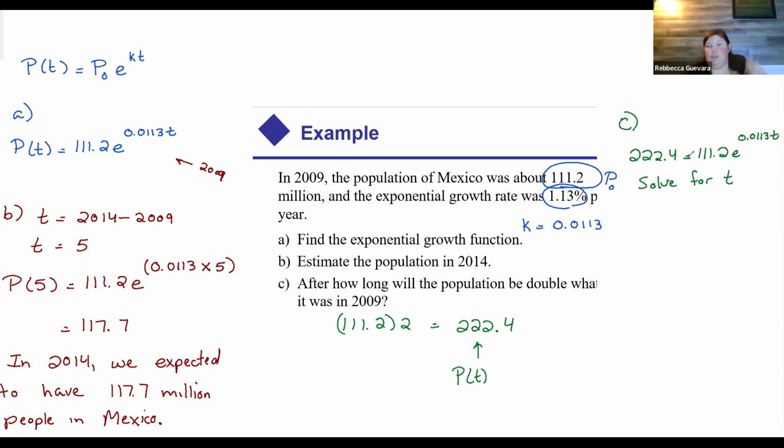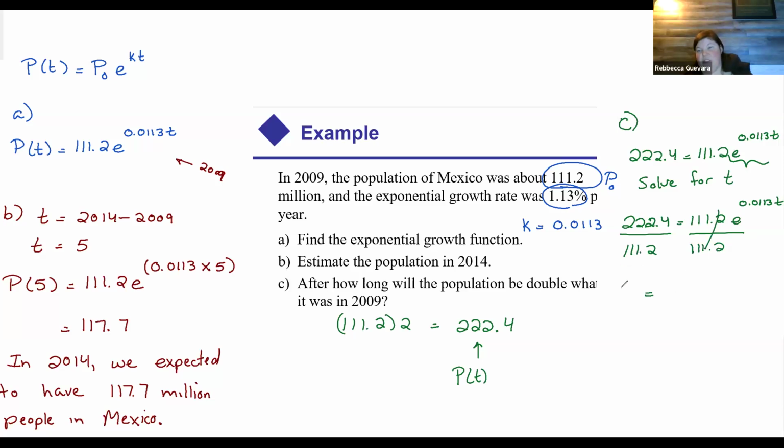To use any of those rules we learned about solving with exponential functions, I need to isolate that e to the 0.0113t. To do that, I'm going to divide both sides by 111.2.